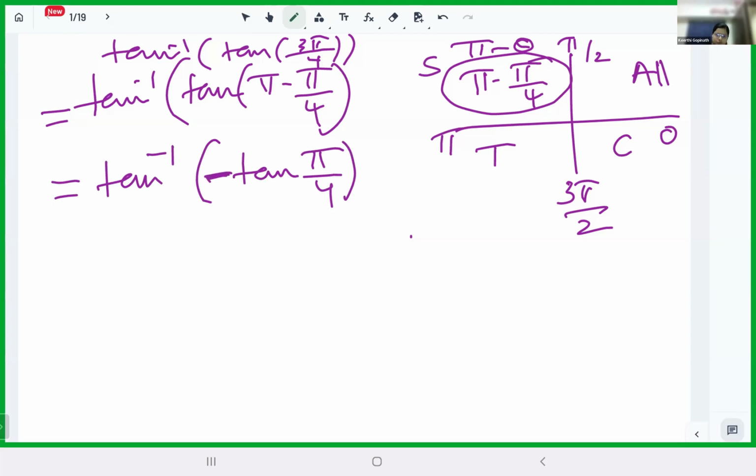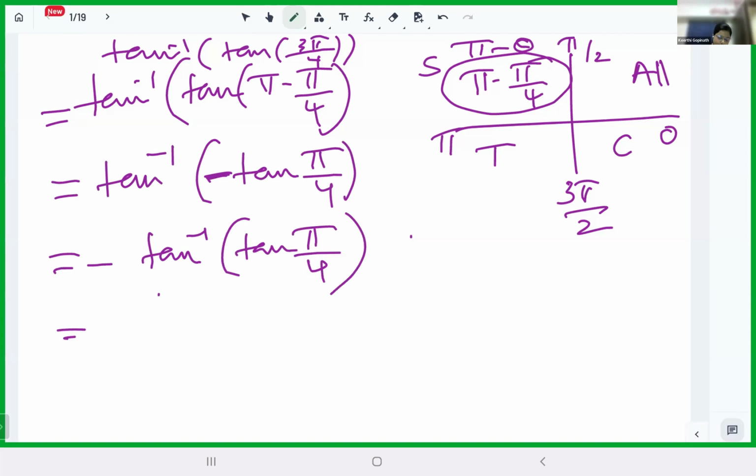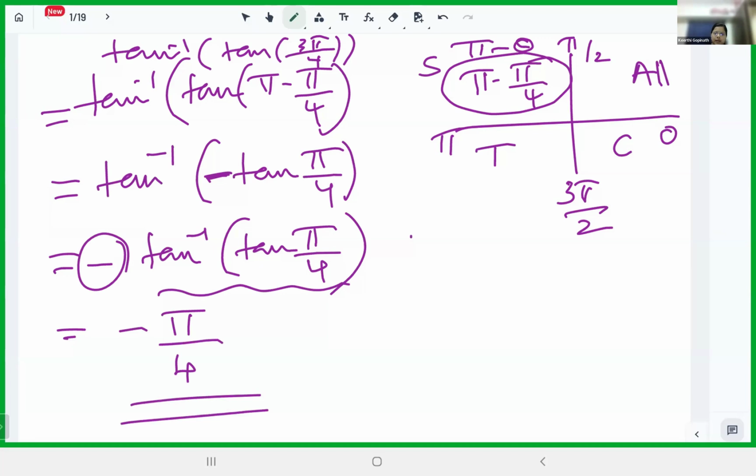Now I am taking this minus outside. That is minus tan inverse of tan pi by 4. Tan inverse of tan x is equal to x, so by applying that property, the value is pi by 4, and there is already a minus. So it will become minus pi by 4.